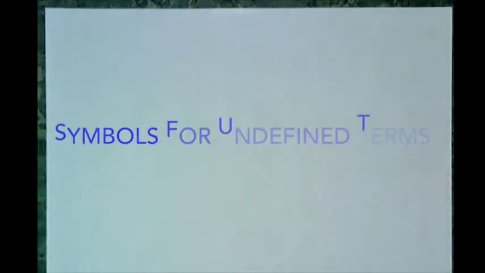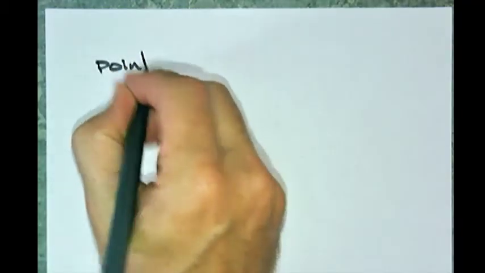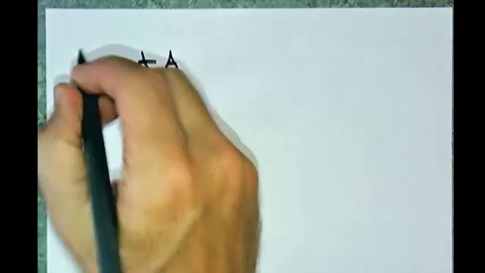Now that we have our undefined terms, we're going to set some standards of how we refer to those undefined terms. We need some symbols, some language, to write down what we're thinking about. So let's start off with a point, point A. I put it in parentheses. That's the name of it.